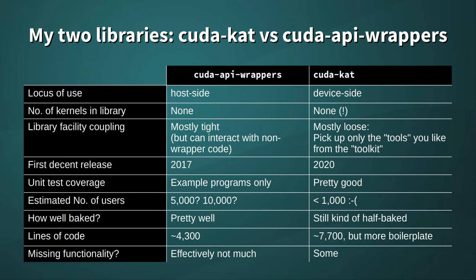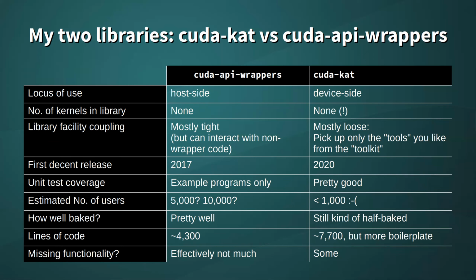So the first way to present this library, CUDA KAT, is to contrast it to my second library, the API wrappers, because they sort of complement each other in some sense. CUDA KAT is strictly for device side code, while the wrapper library was only for host side code.